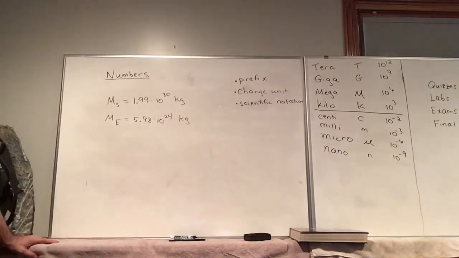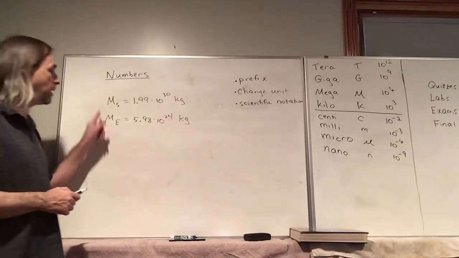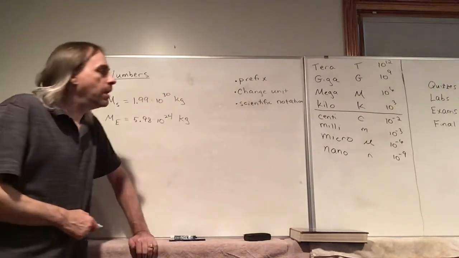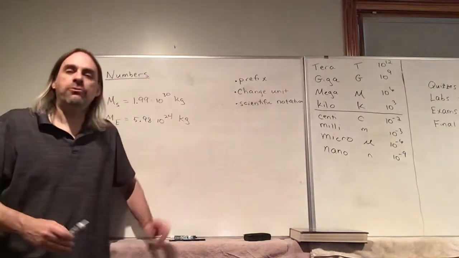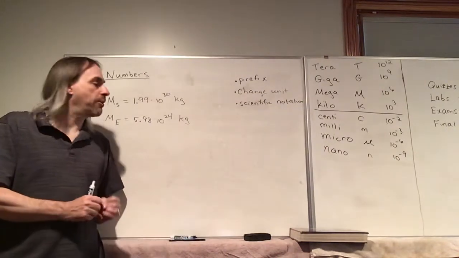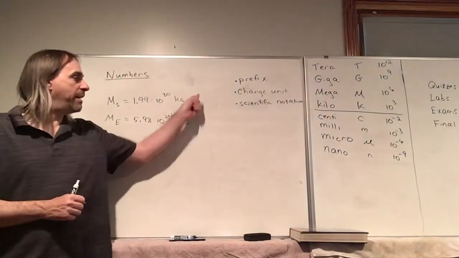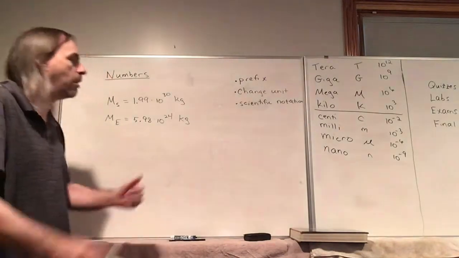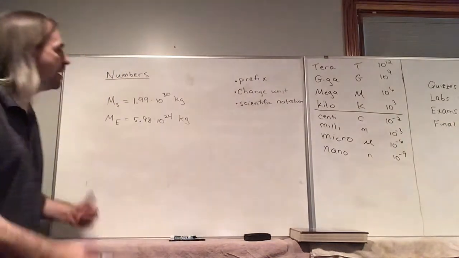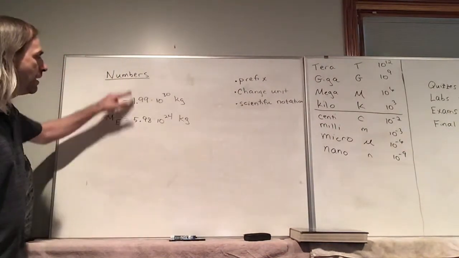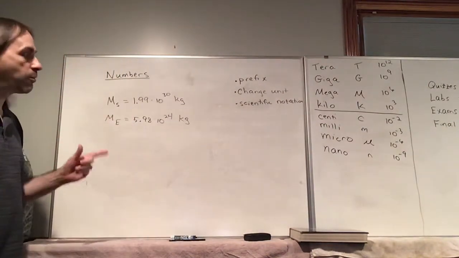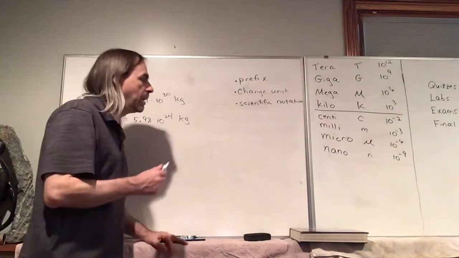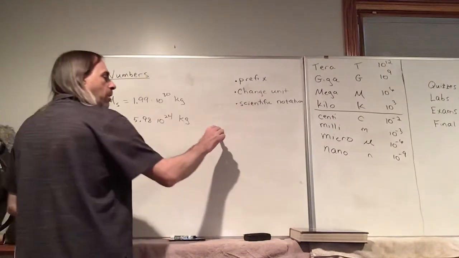Let me write those a little bit precisely. Okay, so we've got these two numbers, mass of the sun and mass of the earth, written in scientific notation. If we want to calculate the gravitational attraction between the earth and the sun, we're going to have to multiply these numbers together. Now that won't give us a force. We'll have to do other things to it as well, like take distance into account. But as just one part of the process, we're going to multiply these two numbers together. So how do we do this in scientific notation? It's one of those rules in algebra.